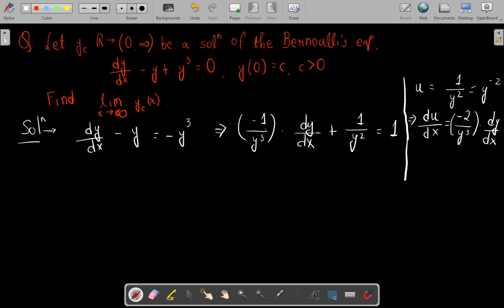In the left-hand side it is given negative 1 by y cubed, so let us divide both sides by 2. So it will be half times du/dx equal to negative 1 upon y cubed times dy/dx.